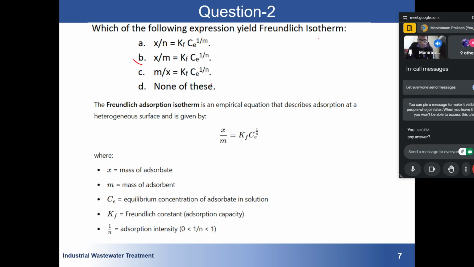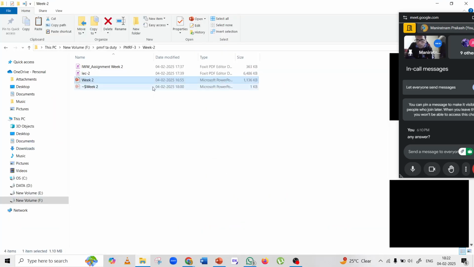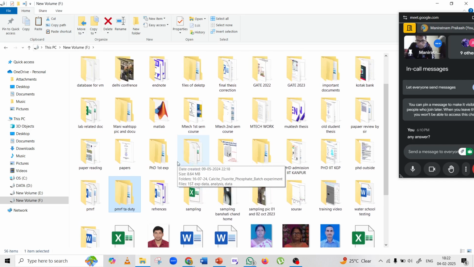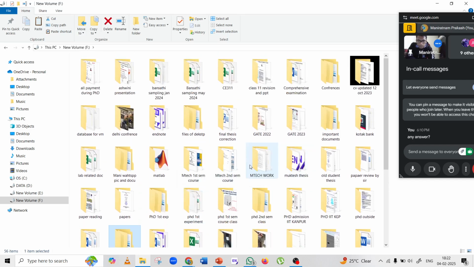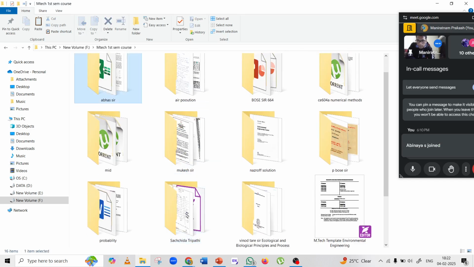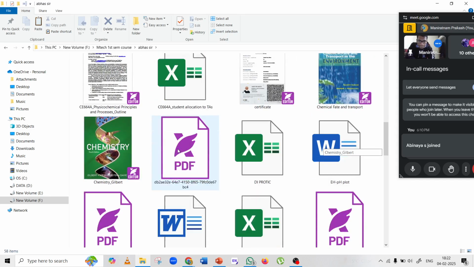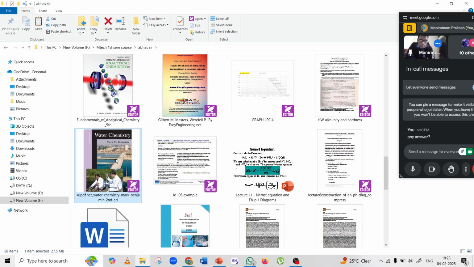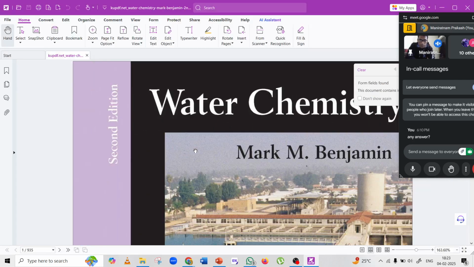If you want to read more about this isotherm, I will suggest one book, Water Chemistry by Benjamin. Let me open that book. This book explains the adsorption process in a very detailed way.